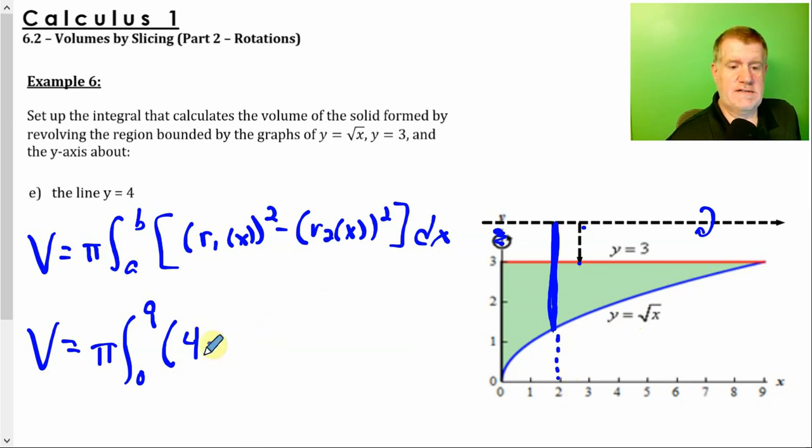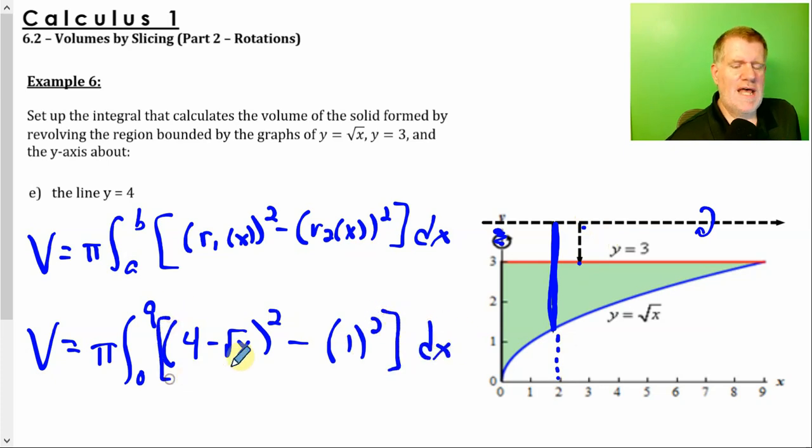I'm sorry, that distance is the square root of x. So this radius right here is the whole thing, 4 minus the square root of x. My inner radius is just this distance from here to here, which is 1. Now, technically, if you want to think about it, this distance here is the whole thing of 4 minus 3, but it's still 1. All right?